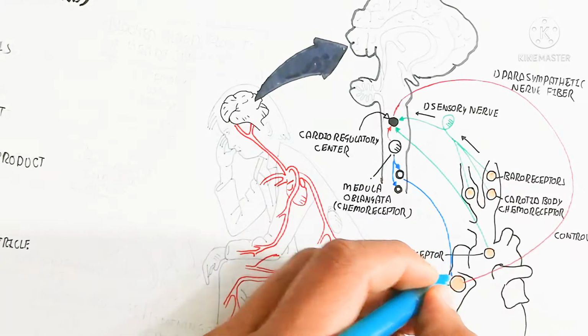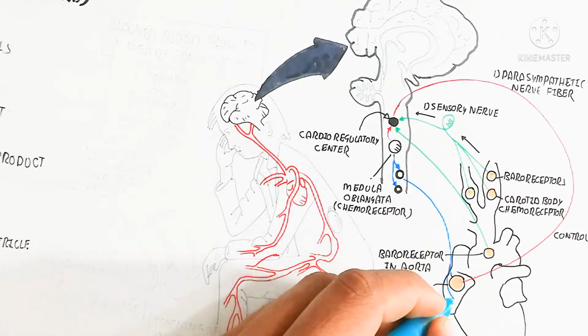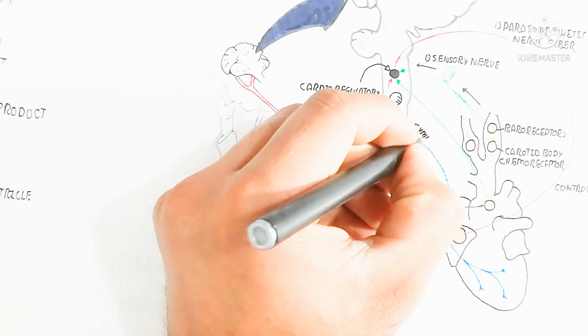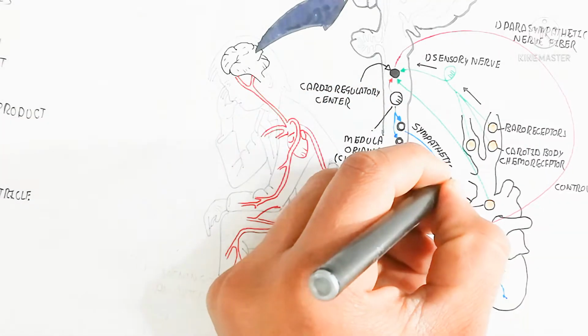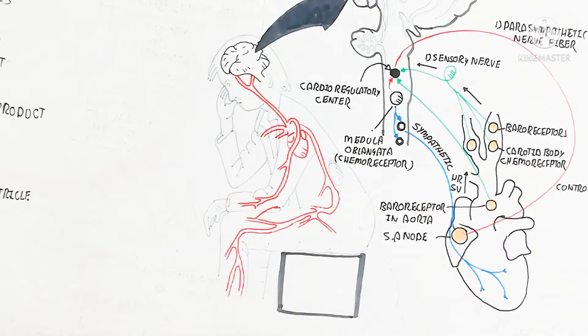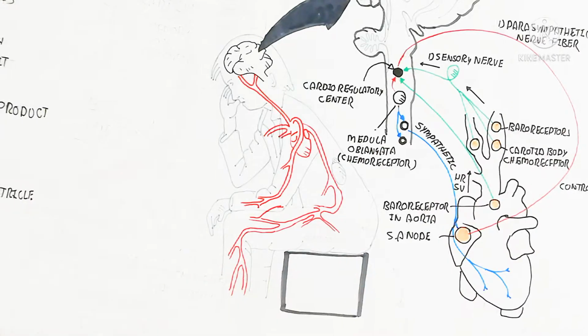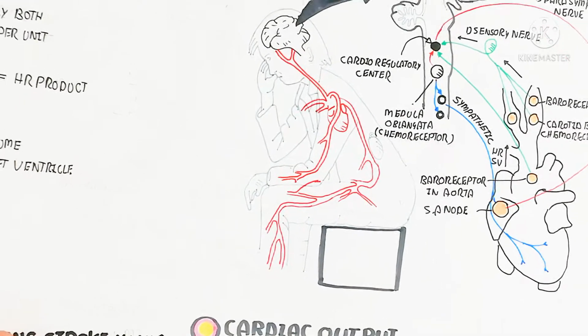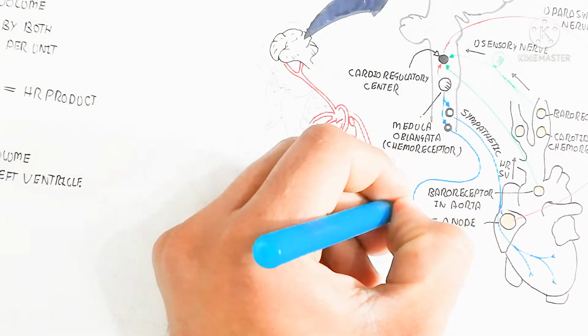And here the red color shows the parasympathetic nerve fiber, which also arises from the medulla oblongata chemoreceptor. After this, you can see the baroreceptor in the aorta, and this is the sinoatrial node.